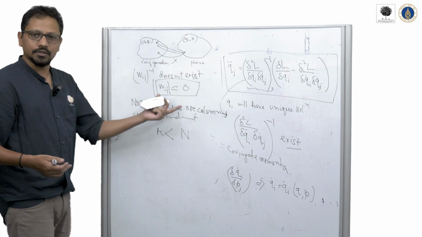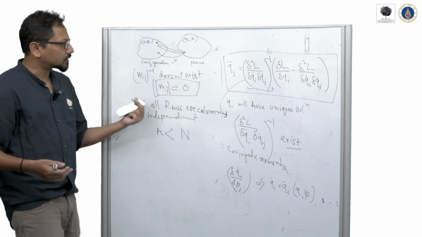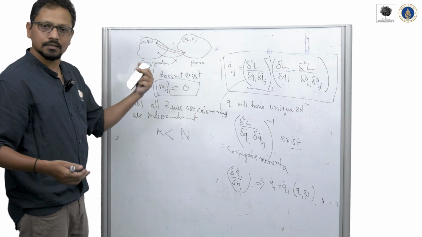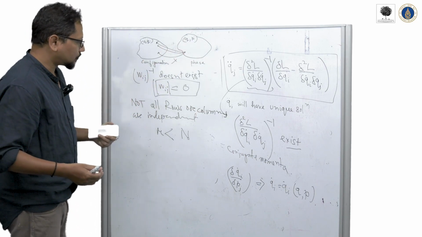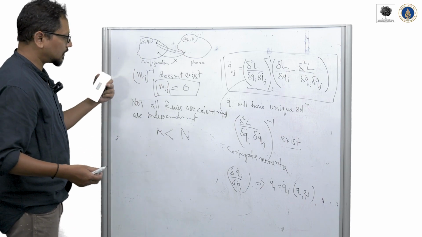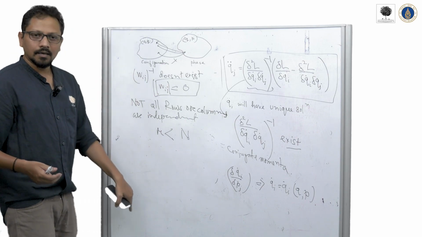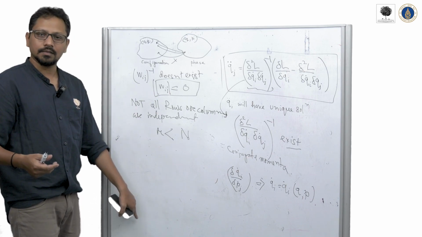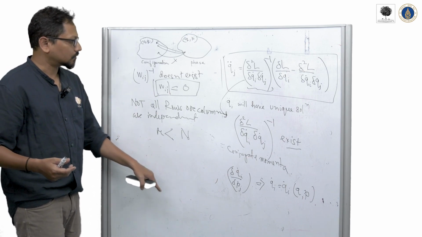That can be checked by this simple analysis for any general system. It can be promoted to field theories as well, for higher rank tensors as well. So the simple analysis tells us how to check, given a Lagrangian, whether the system has any constraints.